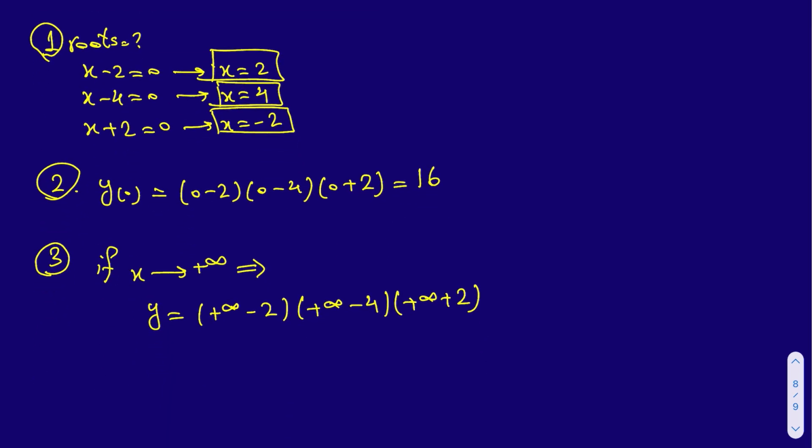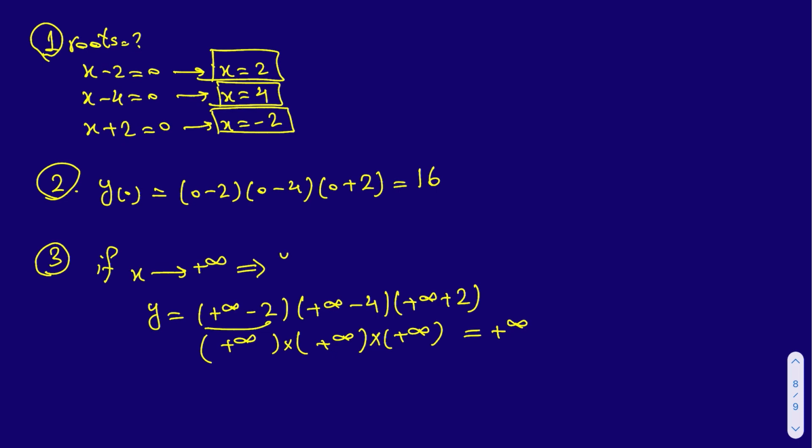So now let's simplify. Positive infinity minus 2 will be equal to positive infinity. Times positive infinity minus 4, again positive infinity, and then positive infinity plus 2, also positive infinity, because these values will be added or deducted from infinity. They don't make any difference. So therefore, we have positive infinity times positive infinity times positive infinity, and the answer will be equal to positive infinity.